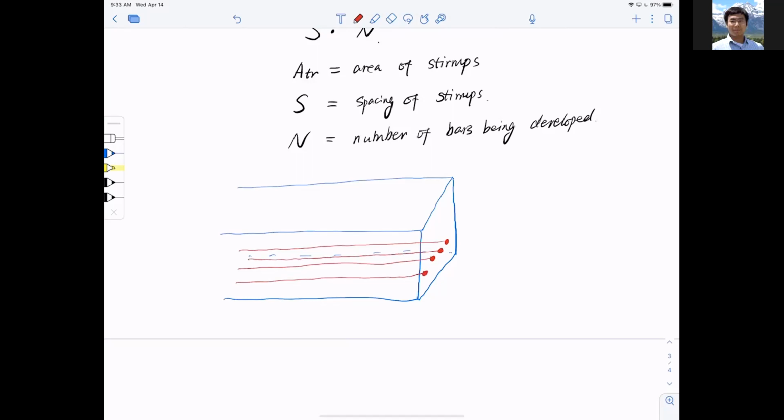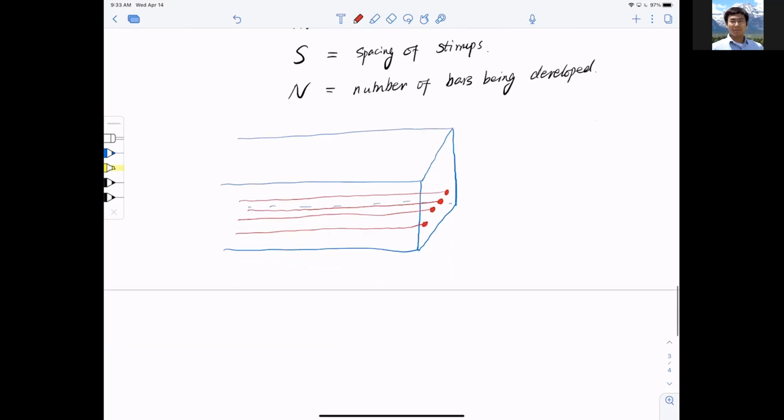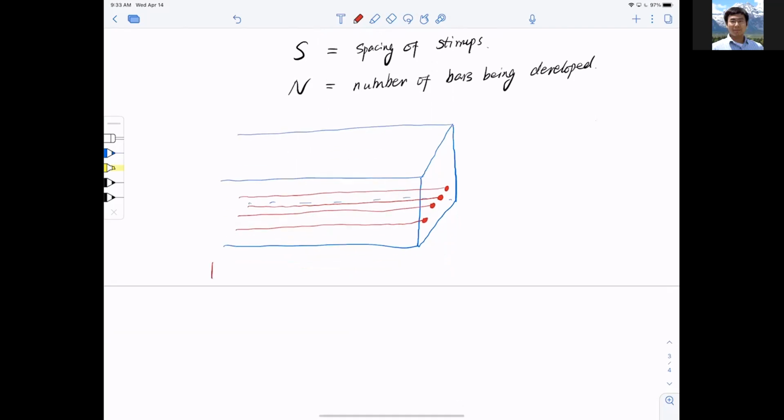So these are the 4 bars that will sustain tension and are embedded inside the concrete. Naturally I need to find out the development lengths for them, and they're in the same position, so they have the same development lengths.